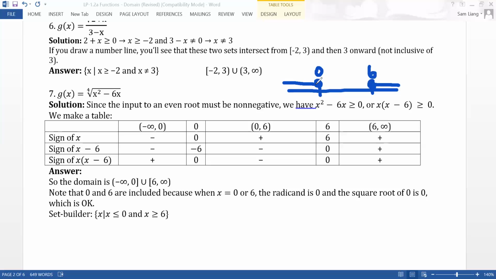But here, just note that it's x less than or equal to 0. That's this part here. And x is greater than or equal to 6. Okay, so that is your answer here for set builder. And this is your answer for interval.